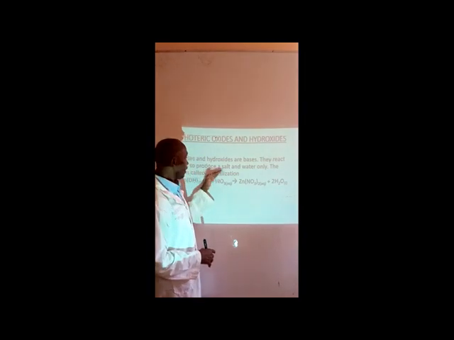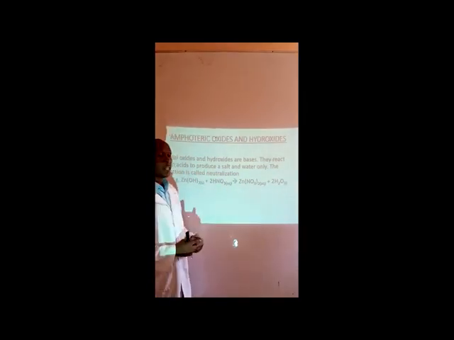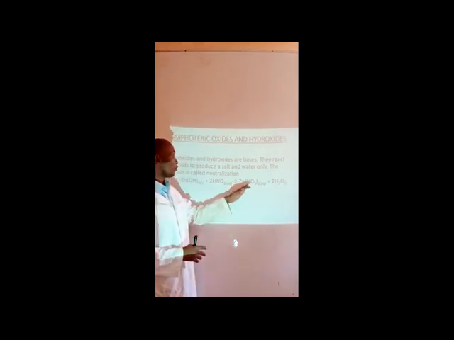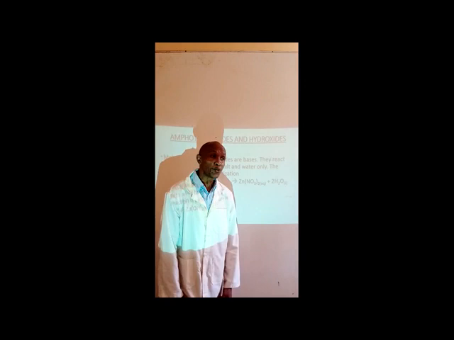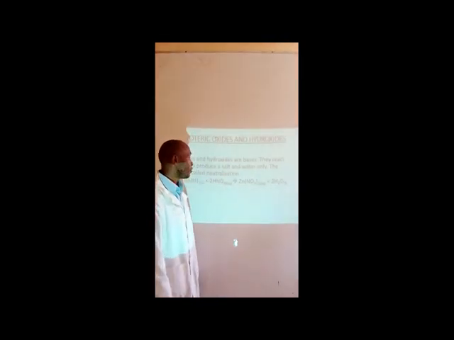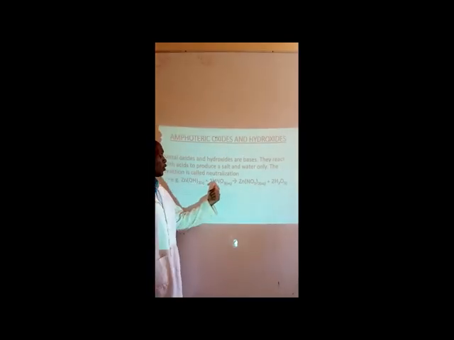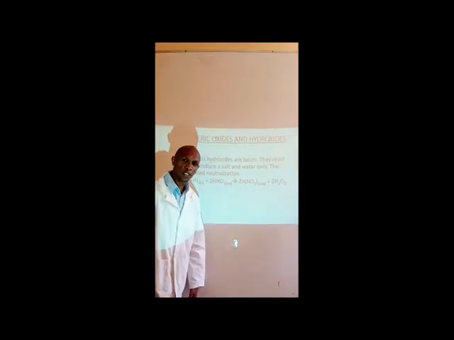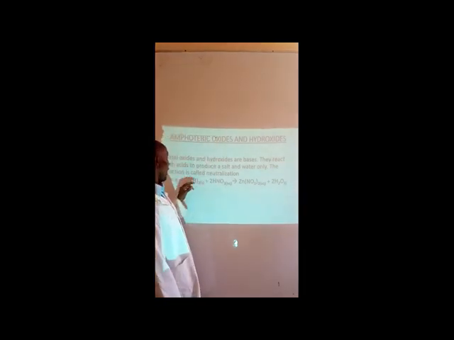For instance, it is normal for zinc hydroxide to react with nitric acid to form zinc nitrate and water. We shall call that a neutralization reaction. It will be just an ordinary reaction. But the question we ask ourselves is, will zinc hydroxide react with sodium hydroxide? Because if it does, then it will be acting as both base and acid.